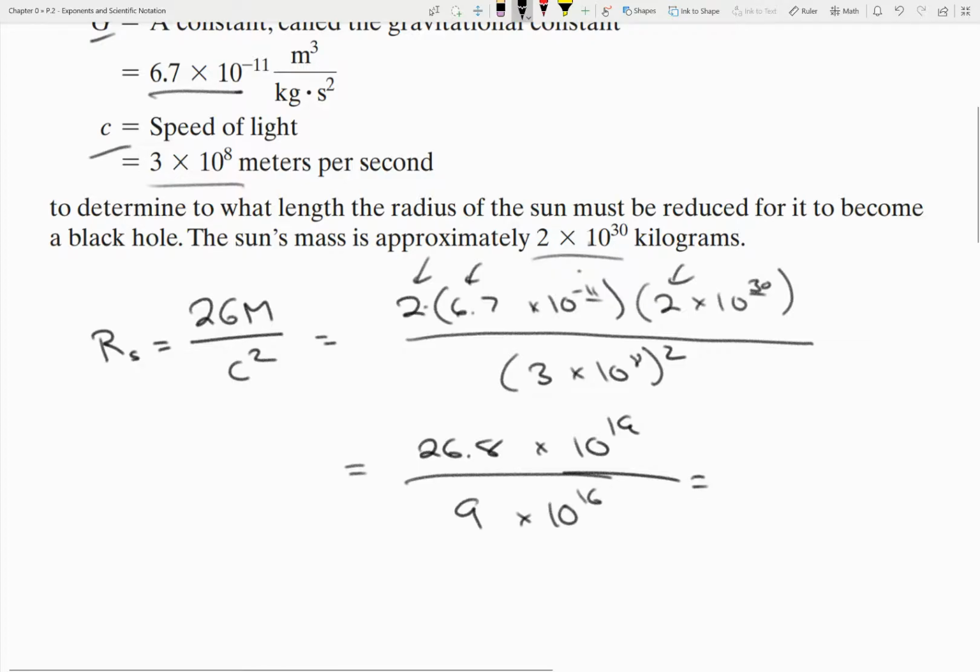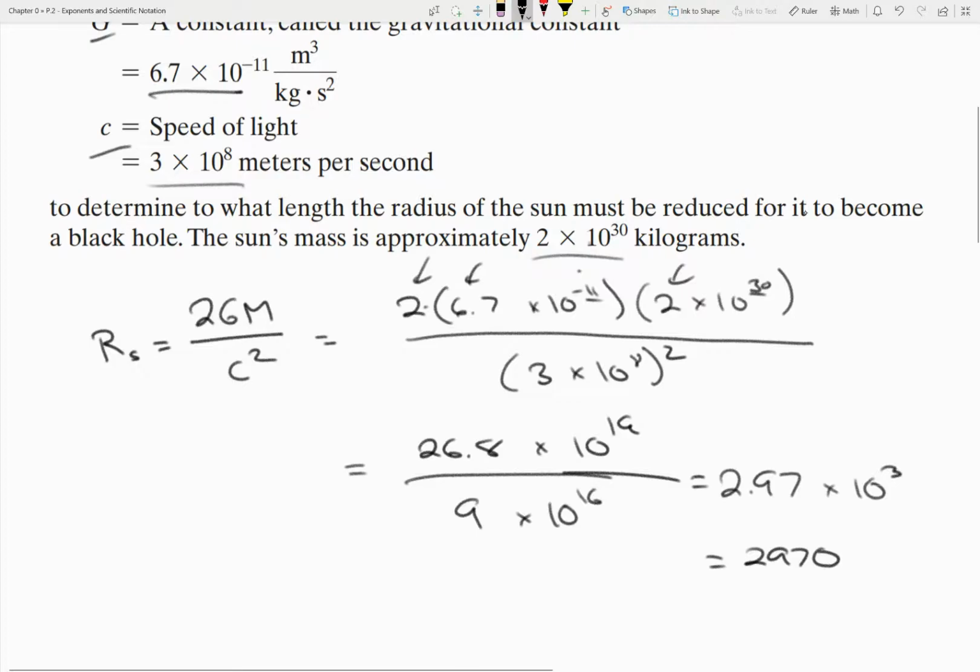Now I can divide 26.8 by 9, which gives me 2.97 times 10 to the third, which is approximately 2970. I rounded this a little bit.